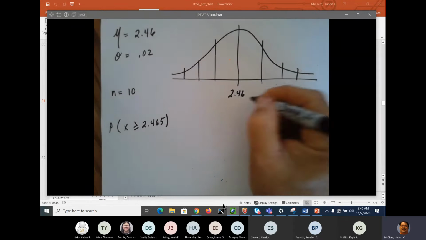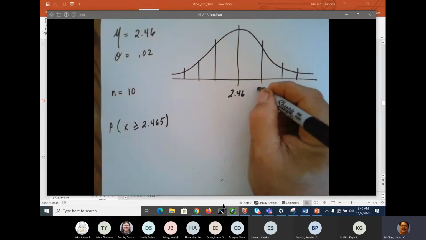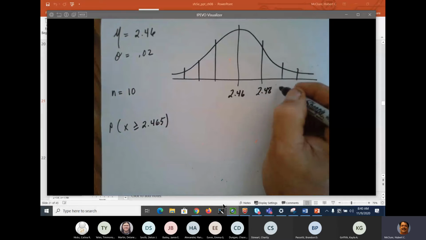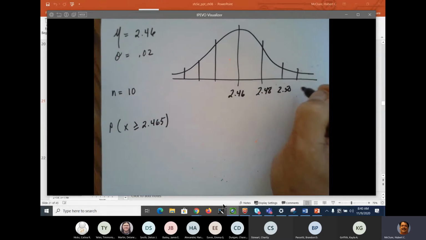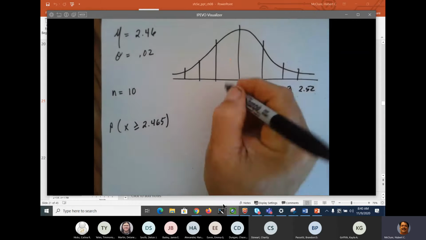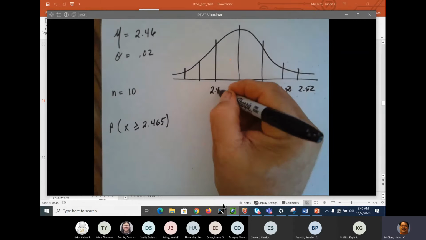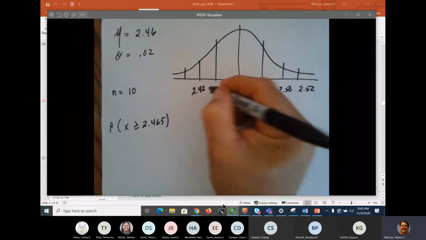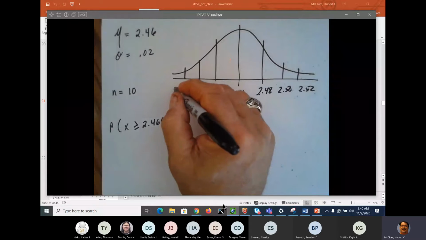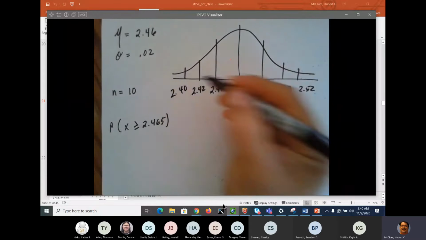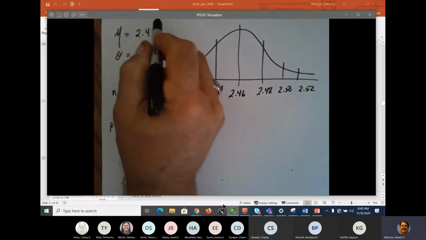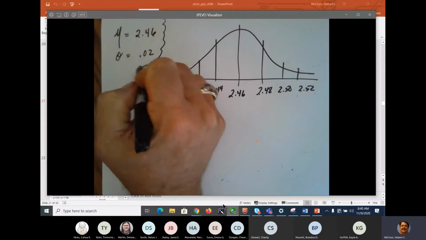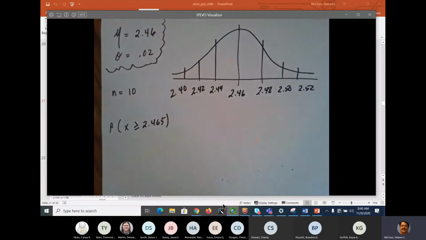And that's going to be 2.46 plus 2 cents is 2.48. Plus 2 cents is 2.50. Plus 2 cents is 2.52. Minus 2 cents is 2.44. Minus 2 cents is 2.42. Minus 2 cents is 2.40. Okay, so that's chapter 7 stuff. Okay, that's that right there.